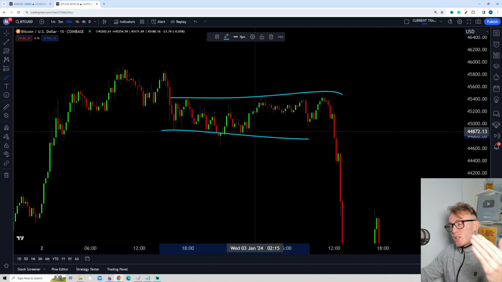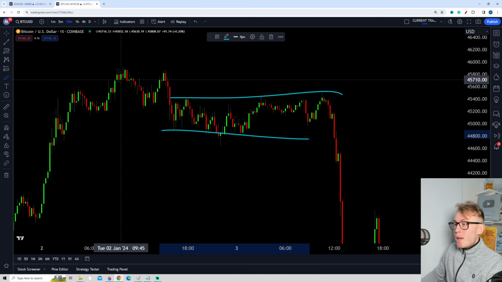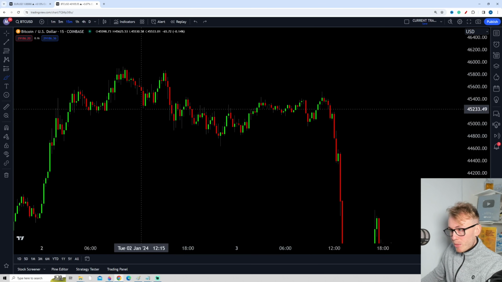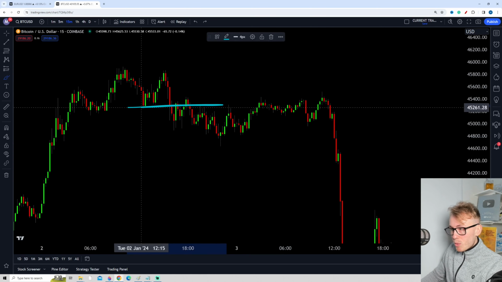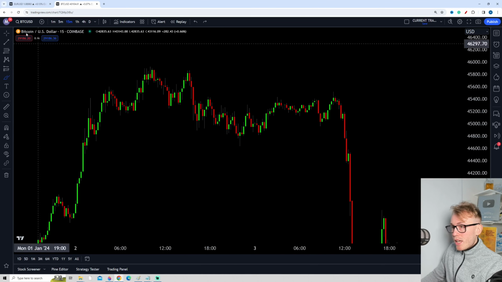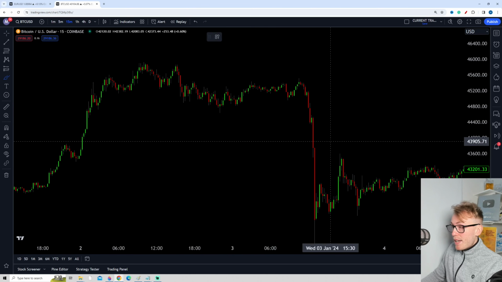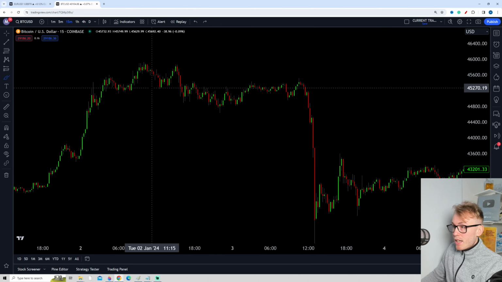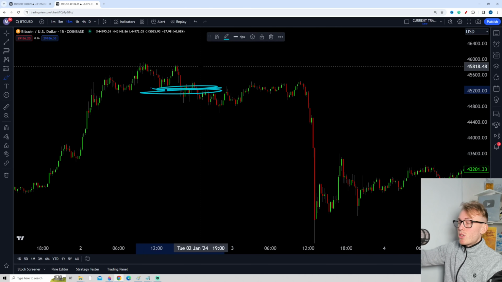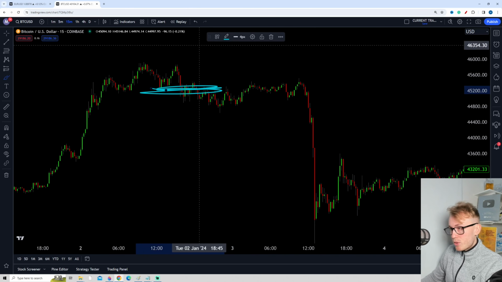Many times markets will not be as perfect as in textbooks, but you can still see that this was a valuable signal, because after we changed from an uptrend to a downtrend, this eventually led to a massive move towards the downside. So this was indeed the start of a stronger move here towards the downside.